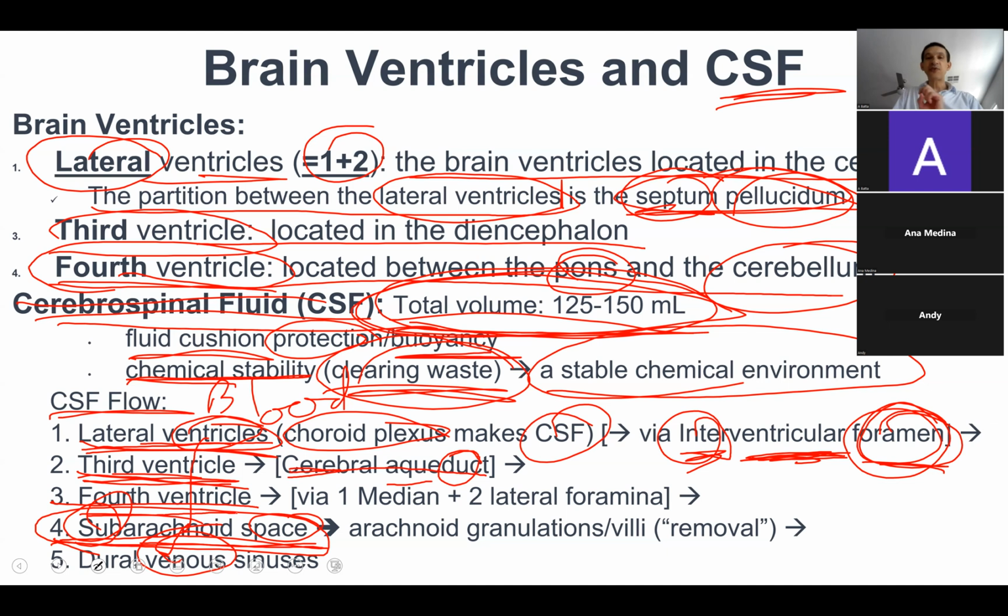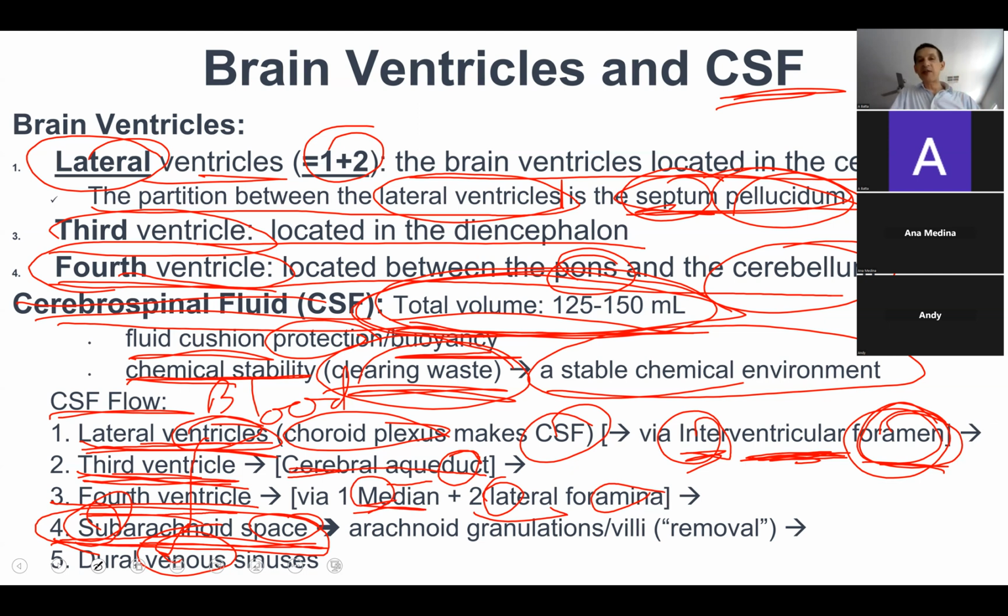From the fourth ventricle, there are actually two different types of holes, foramina, two different names rather, total of 3 holes. One is the lateral foramen and one is the median. And I'll remind you that median means what? When you're driving on the road, median is that separation that separates you going one way from the traffic going the opposite way, and this is exactly what it is.